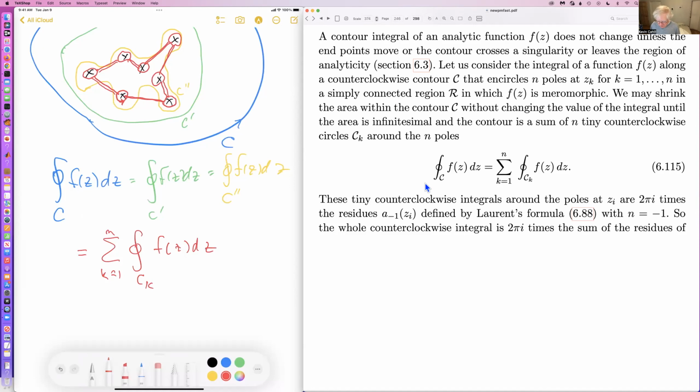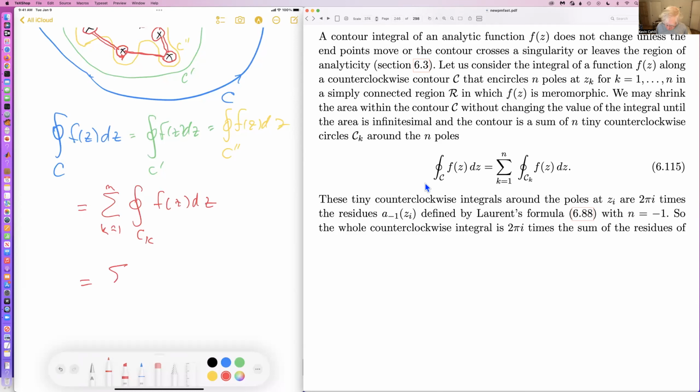But each of these is just, the sum from k equals 1 to n.